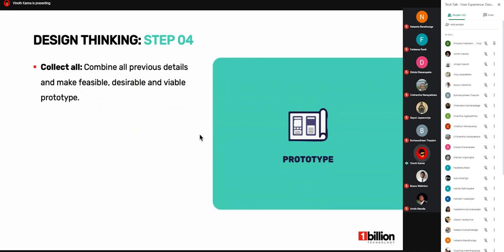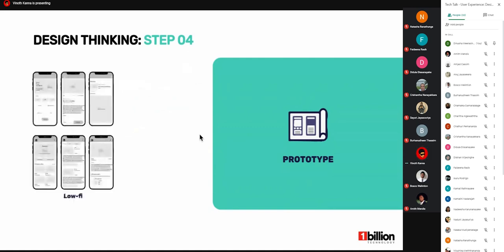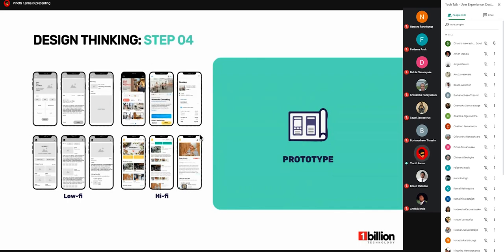Everyone is included here: marketing, the developers, and the design. In this step, we create a tangible test product, which can be a paper model, sketch, or wireframe that can be tested on real people, right? It can be a low fidelity design or a high fidelity design.